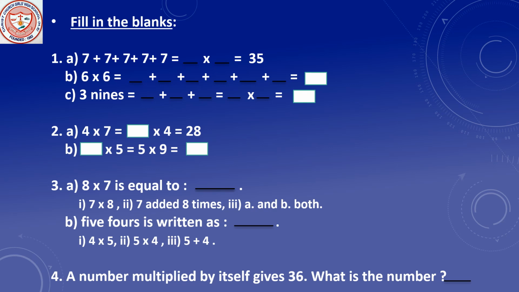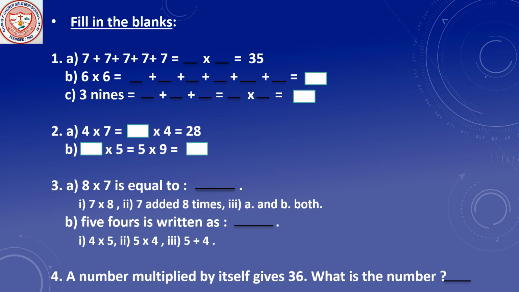You have to write here the multiplication fact and the addition fact both, isn't it? So, you have to do it on your own, by following the facts of multiplication.